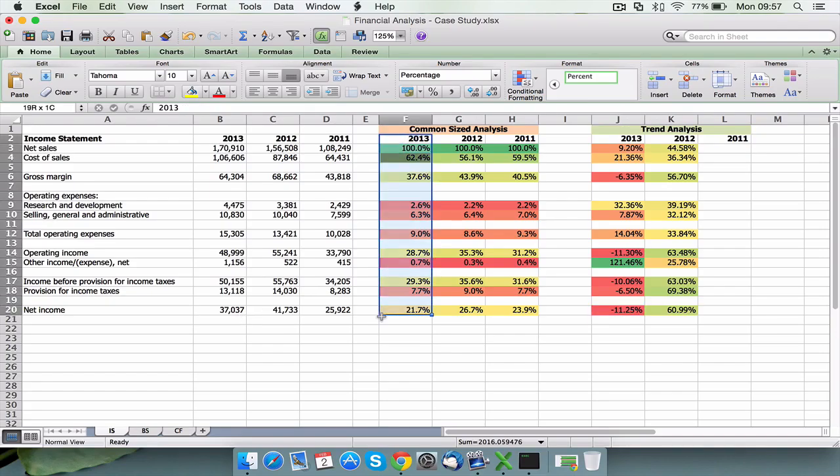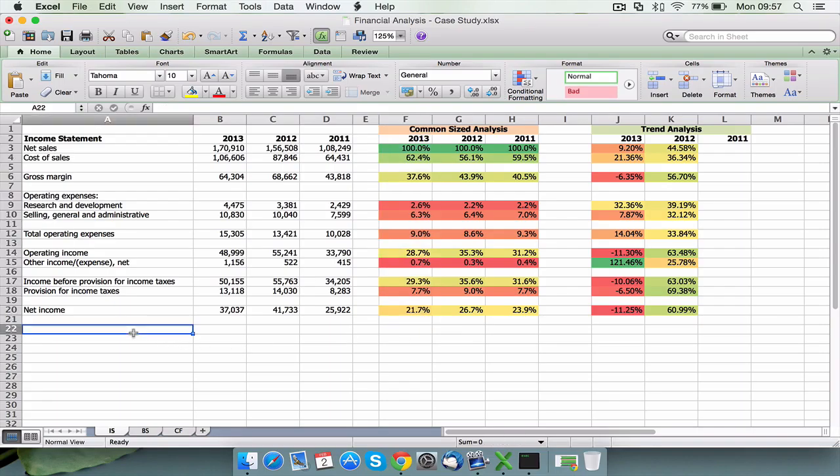So overall, the income statement has three major observations. One is the sales have shown a not so good trend in 2013. They have not shown a significant boost in 2013.